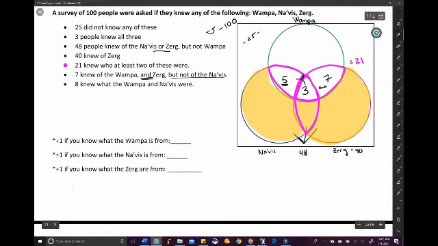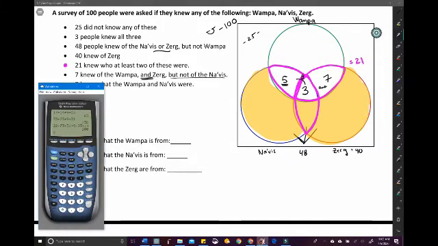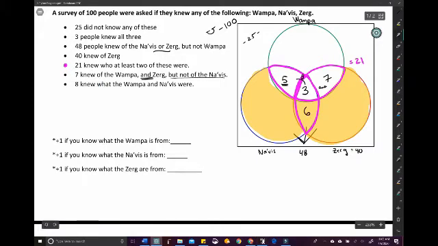Here it doesn't have that info, so you're going to assume they knew the Zerg as well. Now, we ran out of clues, so 5, 3 is 8. We know everything in the middle is 21, so 21 minus 10, minus 5 means this piece must be 6.